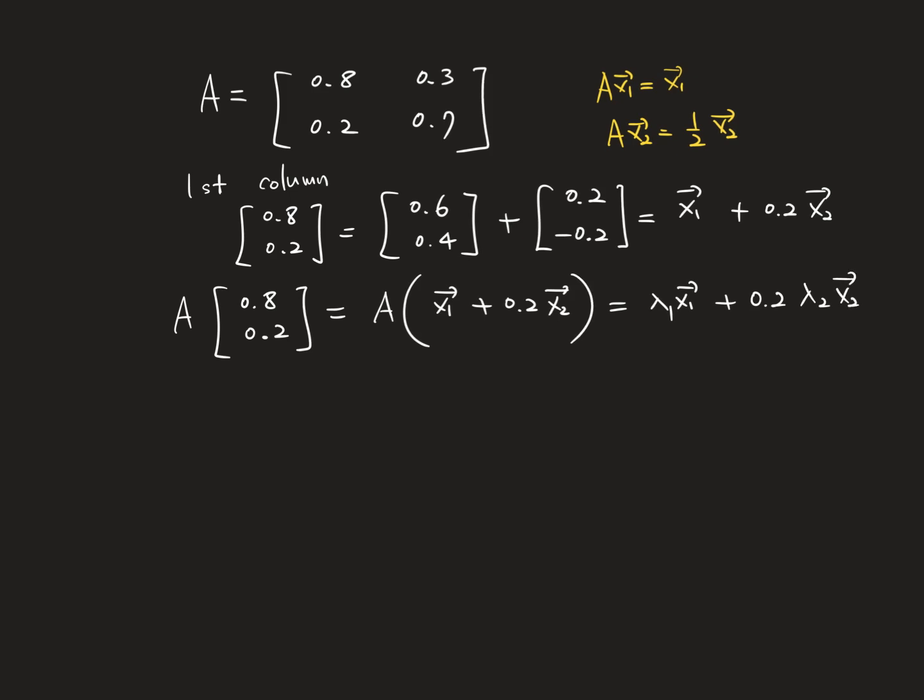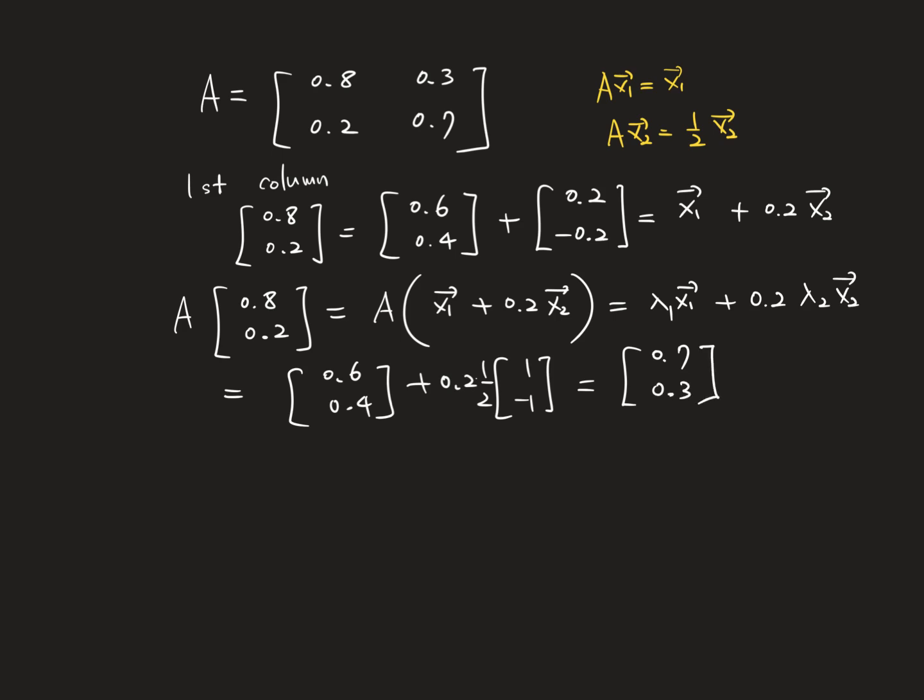So it's an easy calculation. Lambda 1 is equal to 1, so this is 0.6, 0.4, and this is 0.2 and 1/2, and x2 is the second eigenvector, which is 1, minus 1, and it'll be 0.7, 0.3.